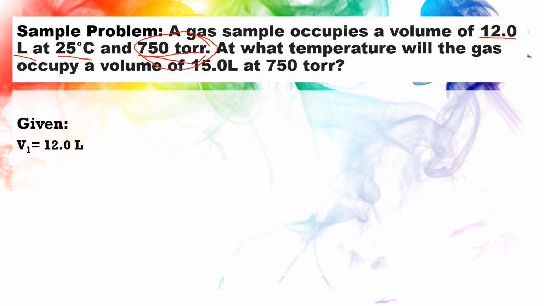We have initial volume, that is 12 liters. For the initial temperature, it's equal to 25 degrees Celsius. If you can still remember, I've mentioned a while ago that the standard unit for temperature must be in kelvins. So we need to convert this temperature into kelvins first. When you convert degrees Celsius to kelvins, you just need to add 273.